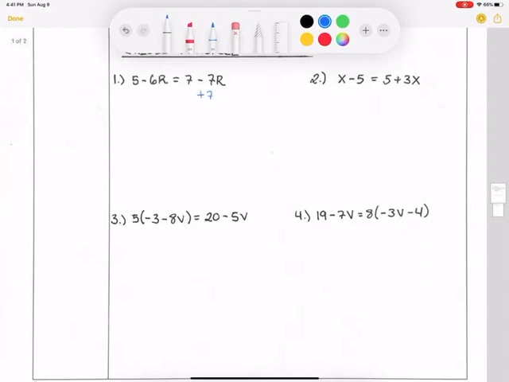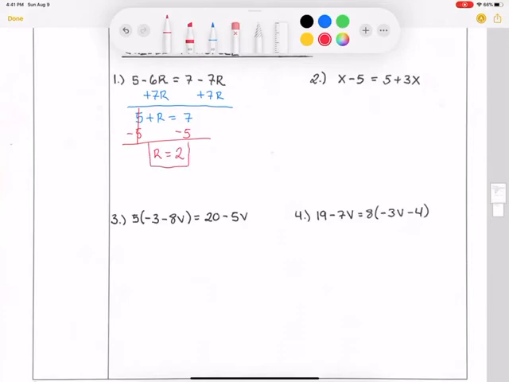So I'll have negative 6r plus 7r, and that will give me 1r. So I'll have 5 and a positive 1r equals 7. Then to solve for r, all I would do is subtract 5 from both sides, and I end up with r equals 2.